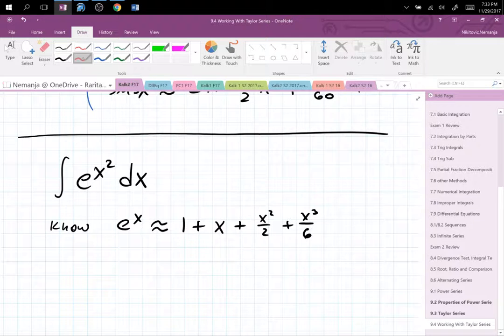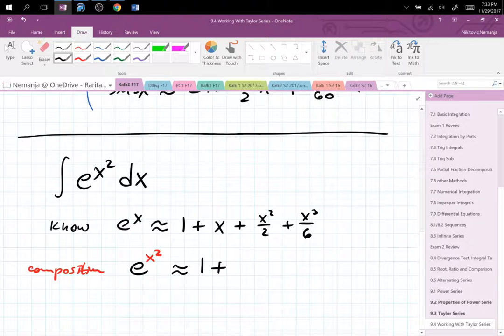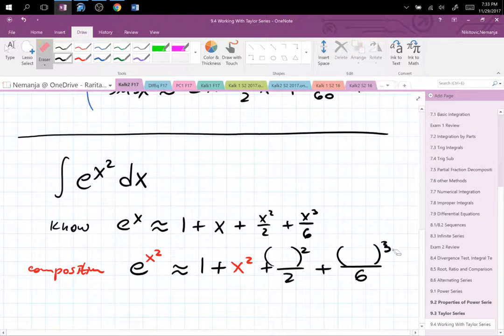Now, I say composition, where I am replacing each x with x squared. So that gives me 1 plus x squared instead of x, plus so you see the structure, and I'm replacing every x with x squared.